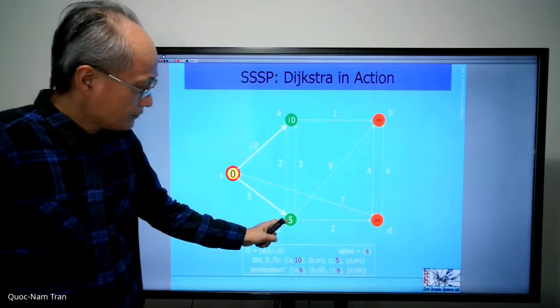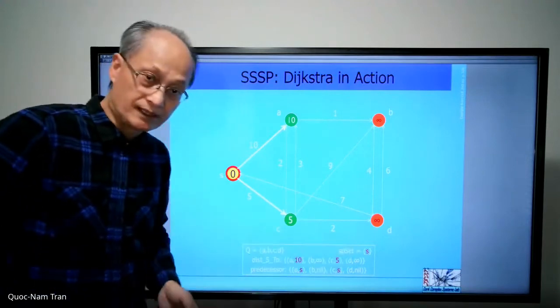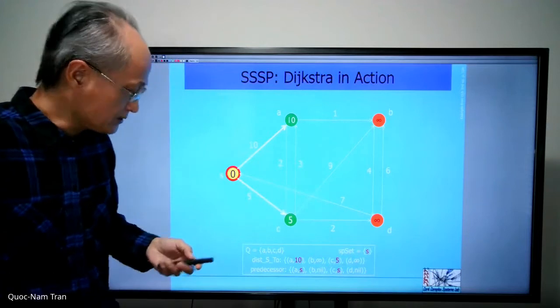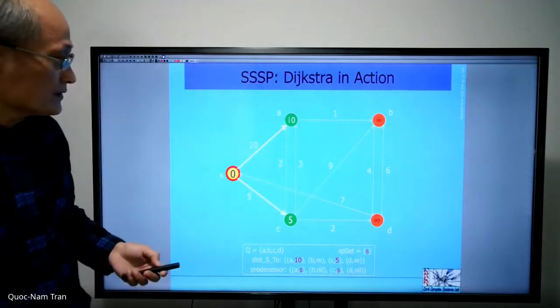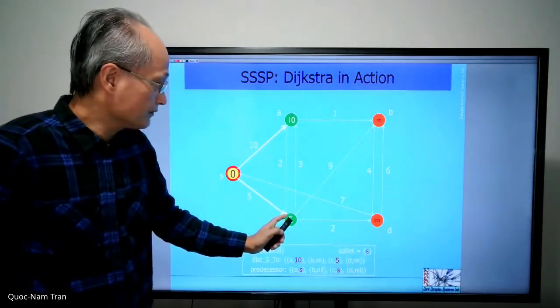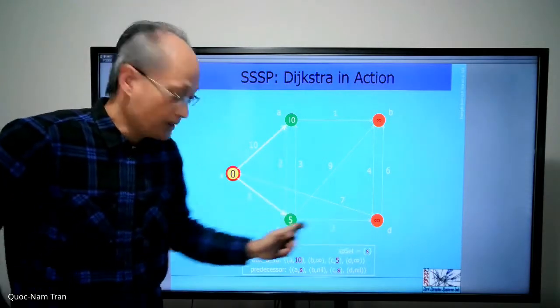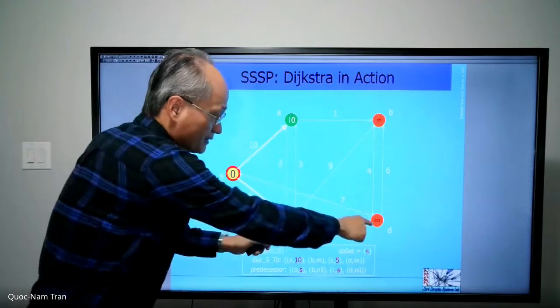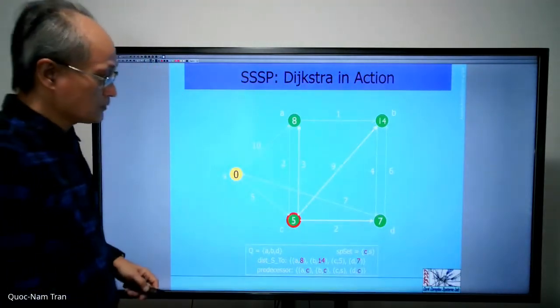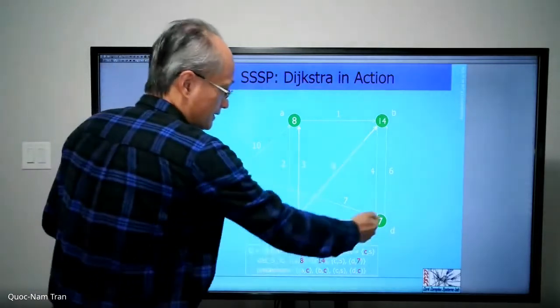So we add 5 into the list of nodes on the shortest path. After we add 5 into here, we will try to update the values by looking at the adjacency.